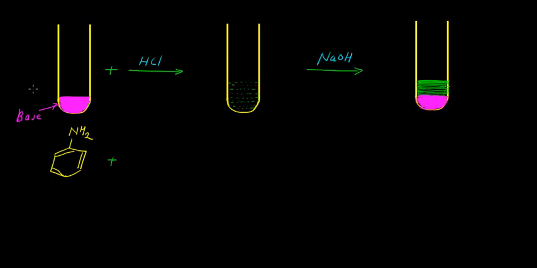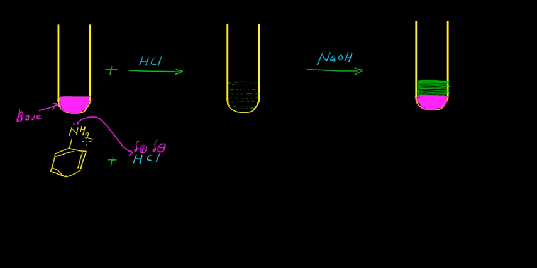So when we add the HCl, as we know that nitrogen contains a lone pair of electrons, and the role of a base is to donate the lone pair of electrons towards the positively charged species. Here we have H plus, and simultaneously chlorine carries a negative charge.